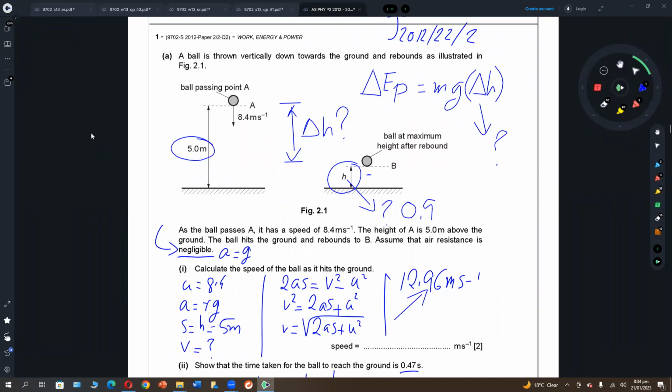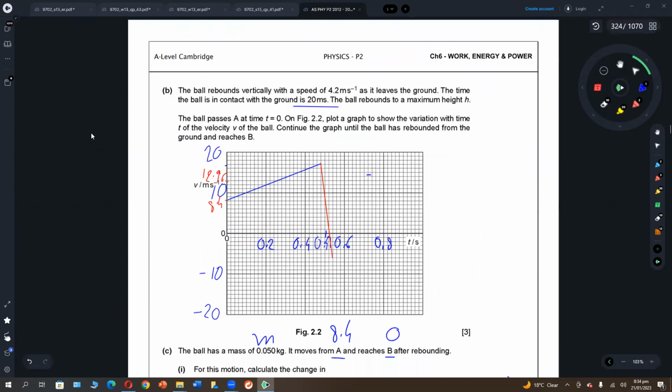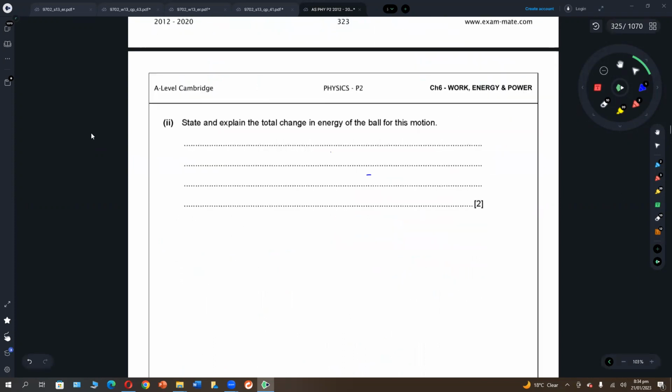When the ball strikes the ground, some of the energy converts into heat, some converts into sound, and some converts into the deformation of the ball.